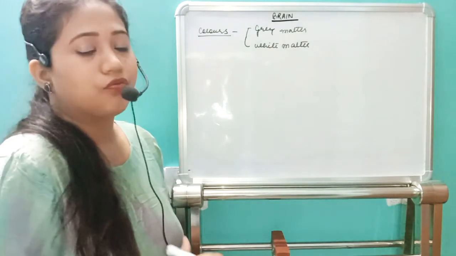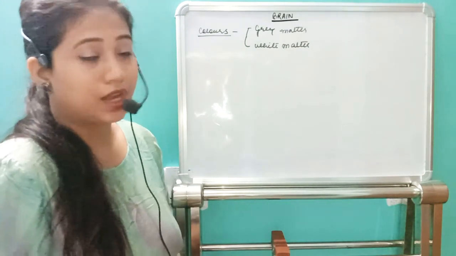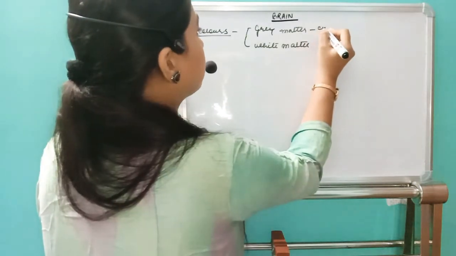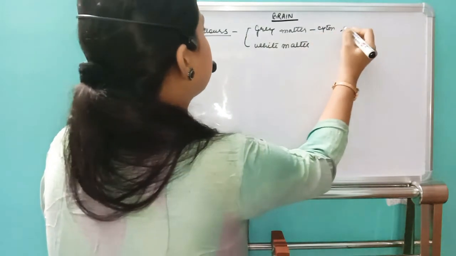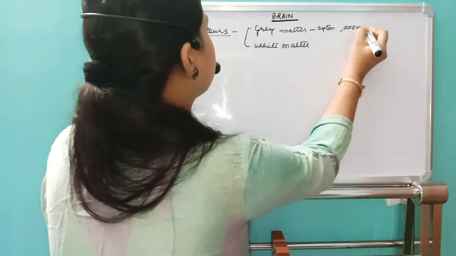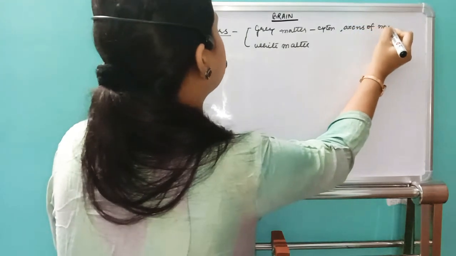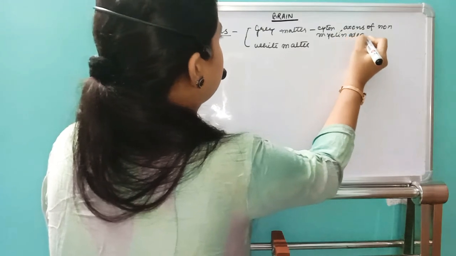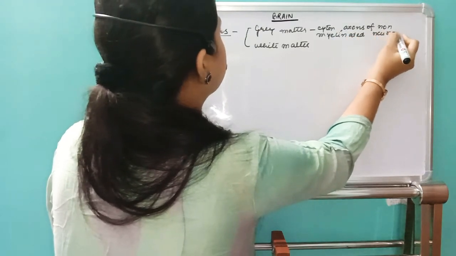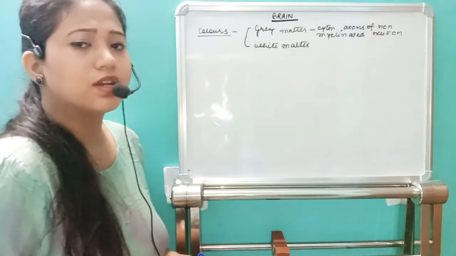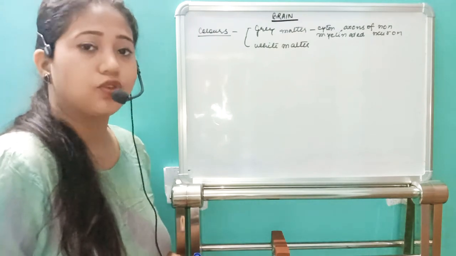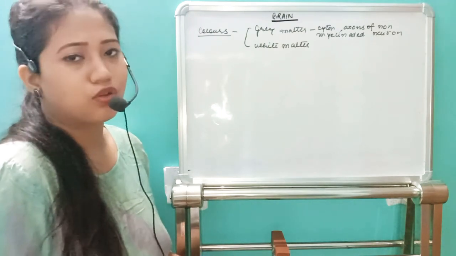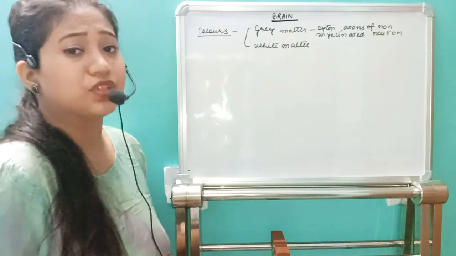Gray matter and white matter are nothing but: wherever we have the cyton and the axons of non-myelinated neurons, that is called gray matter, because the color of myelin is white. So if it is a non-myelinated neuron, the color will not be white, so it appears grayish.